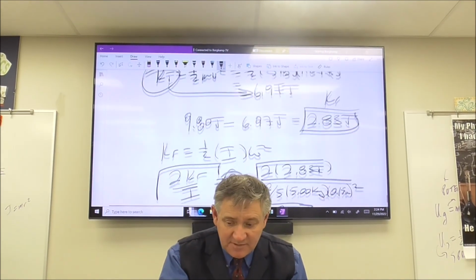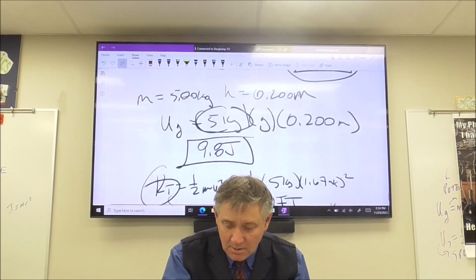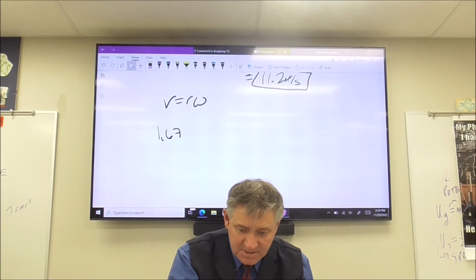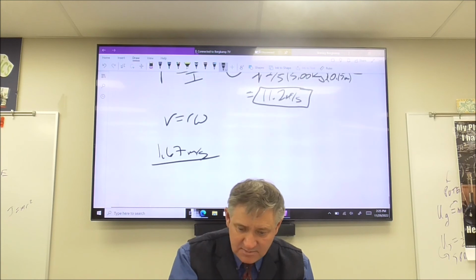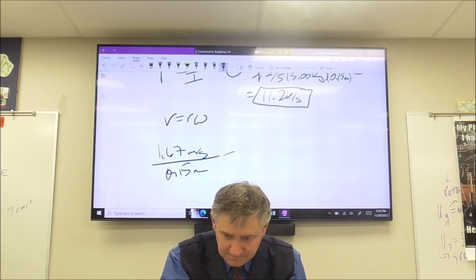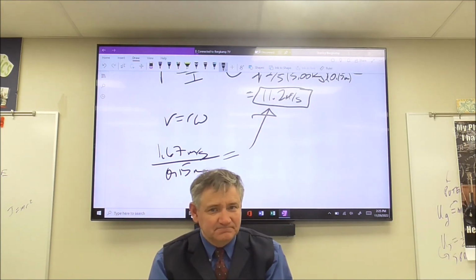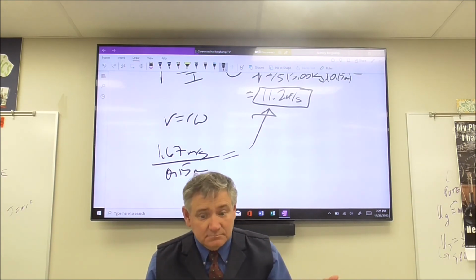If I take that velocity, which we said was, what did we get for our velocity? 1.67 meters per second. I divide that by a radius. What did we say the radius was? 0.15 meters. So somebody take 1.67 and divide that by 0.15. You also get about 11.2. Wow. Both of them give me about the same radians per second.